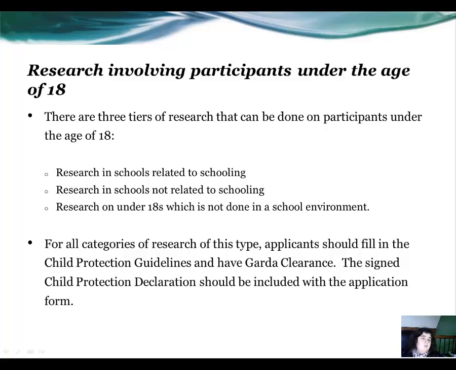For research done in schools, it is vital that the school give informed consent to the research being carried out. The teacher involved with the particular student group may also need to give their informed consent.